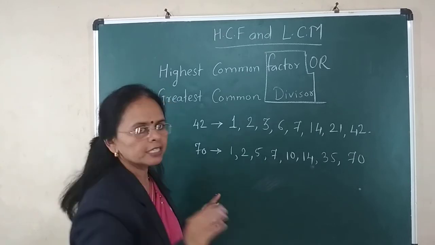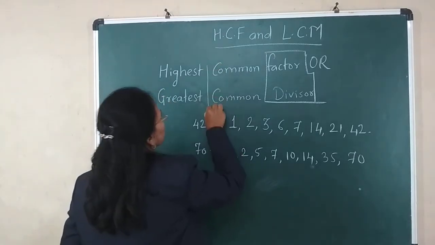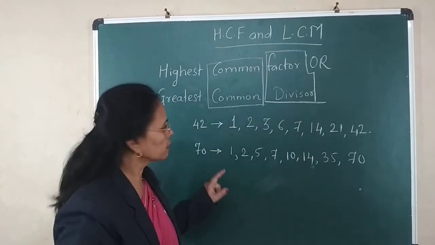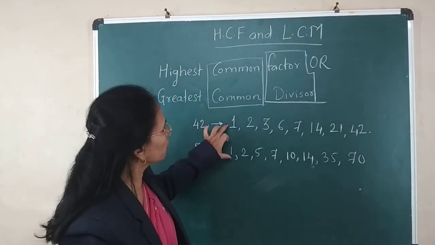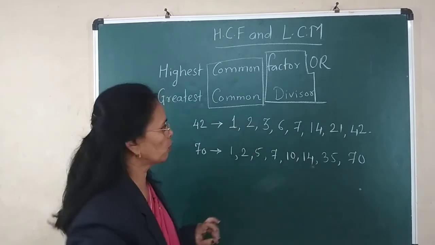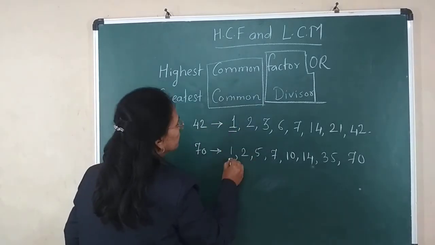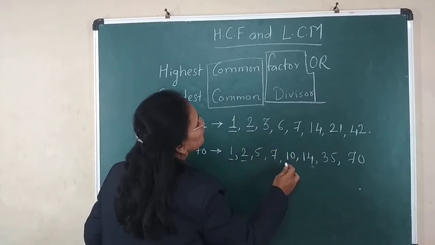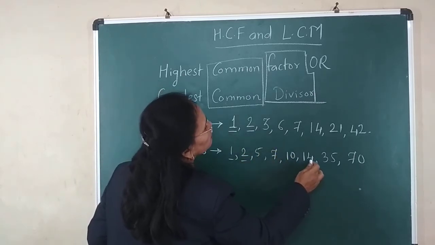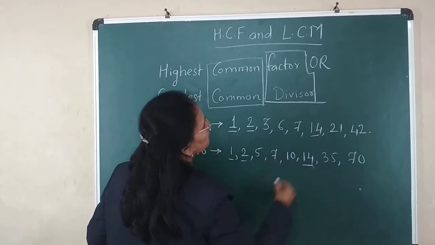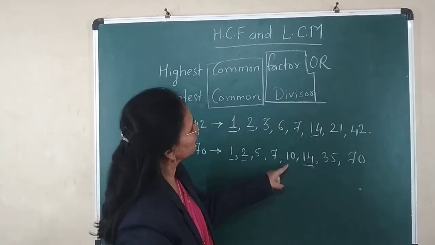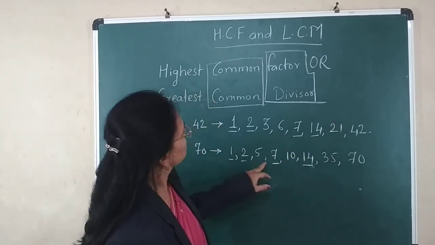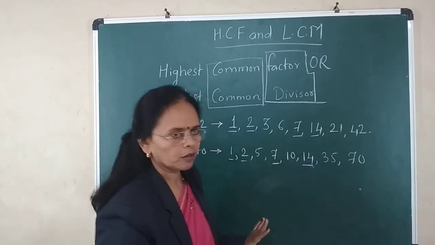Now we will see the concept common. This is very easy to know. We will pick what is common in both of them. Okay? 1 is common here also and here also. 2 is here. Now see, 14 is common here. Okay? 7 is common here. Okay?